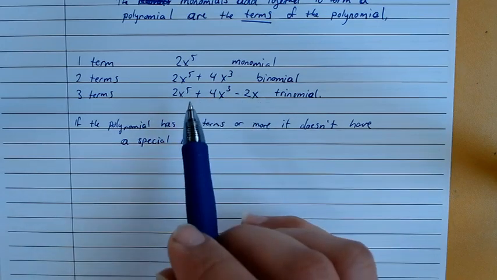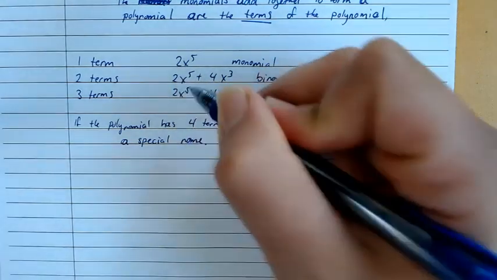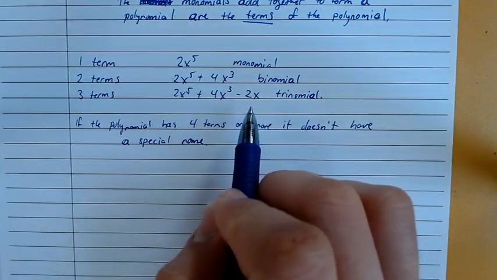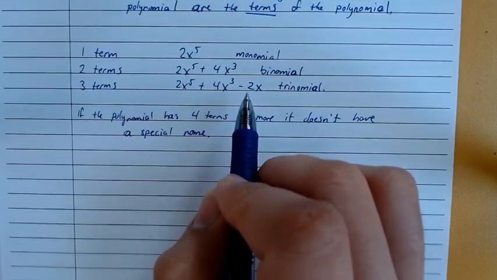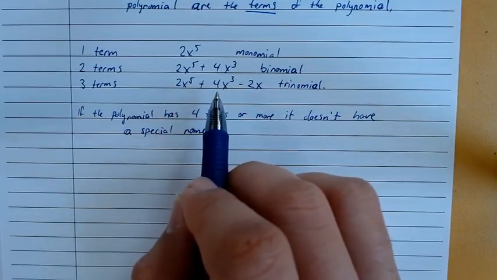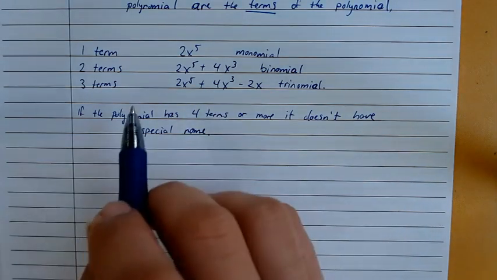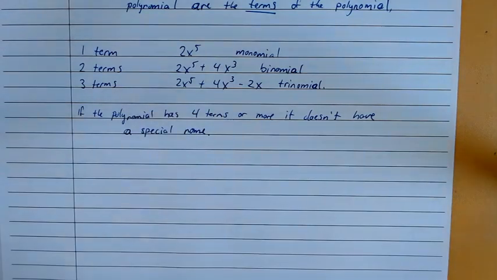The reason for that becomes apparent later when we actually start using polynomials for things. It turns out that keeping things in a particular order makes some processes much simpler to work with. Having these written in any other order, although it still does mean the same thing, they're going to be harder to work with. So we want to write these in descending order.